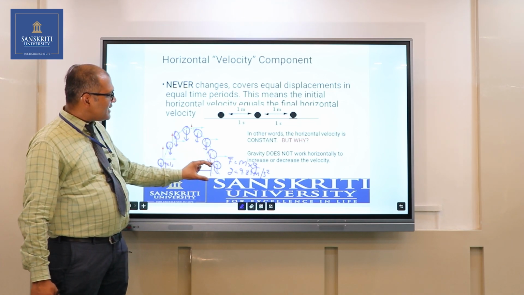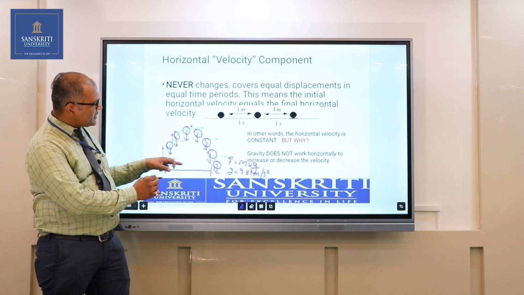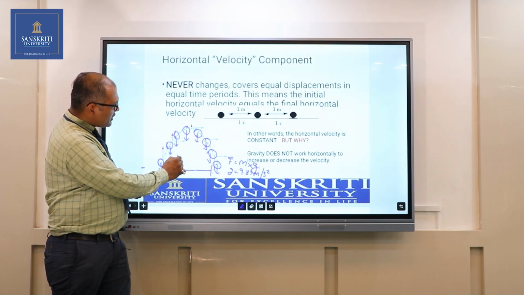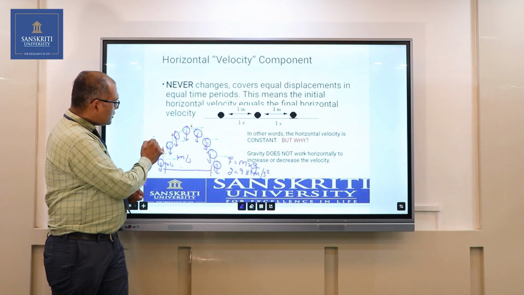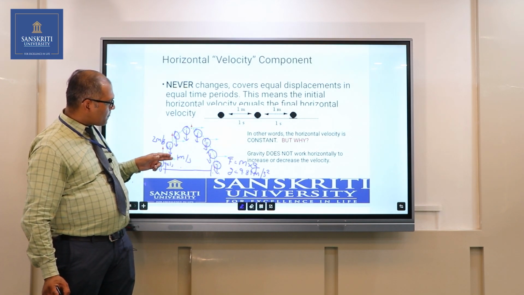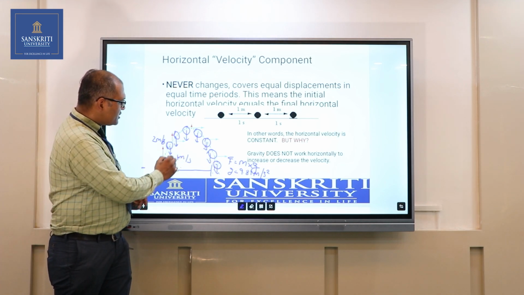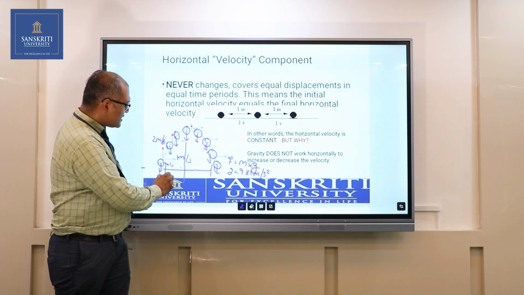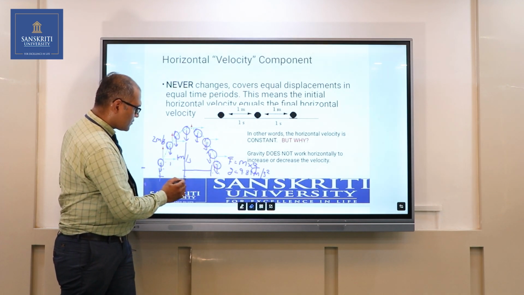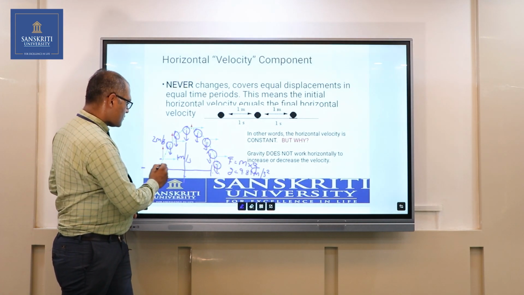In the horizontal direction, as shown, suppose a body has a velocity of 1 meter per second horizontally and 2 meters per second vertically.